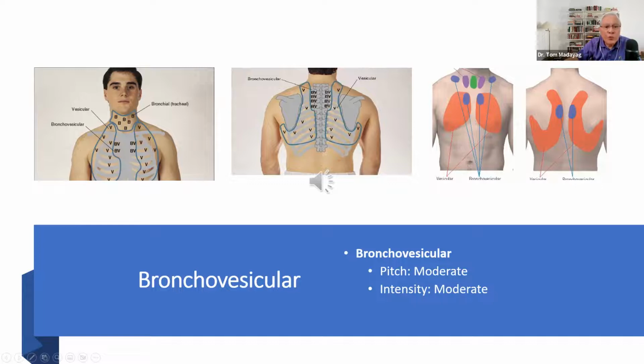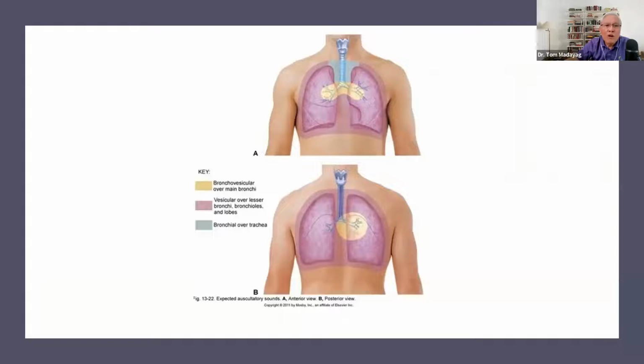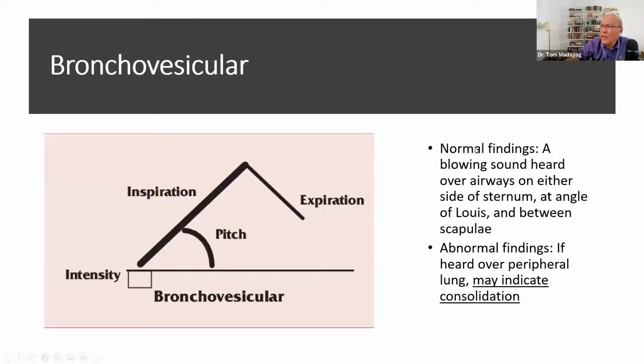So what are the characteristics of bronchovesicular breath sounds? Bronchovesicular breath sounds are a blowing sound heard over the airways on either side of the sternum, at the angle of Louis, and between the scapulae.